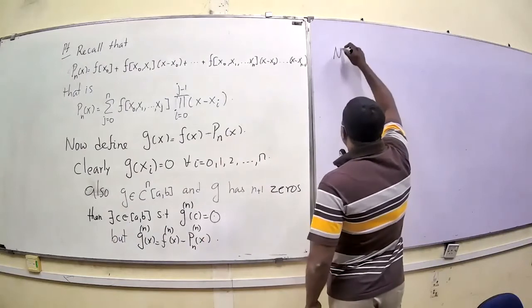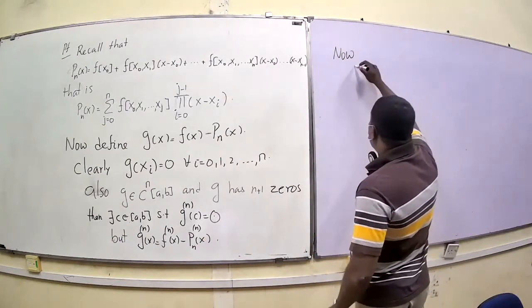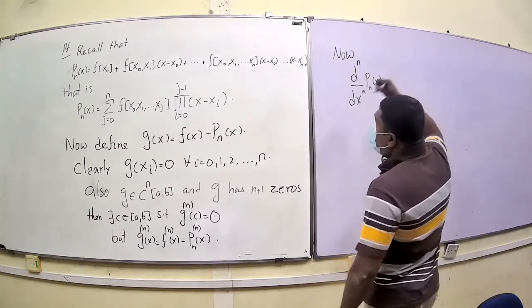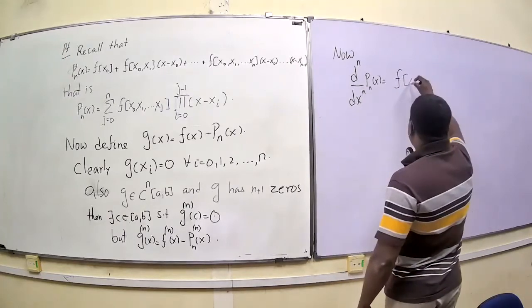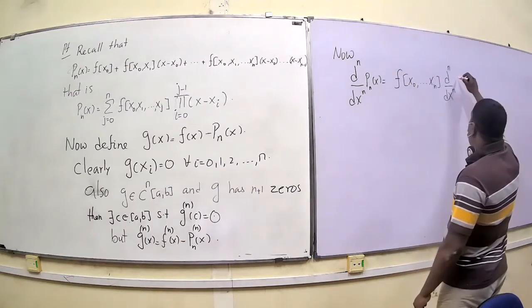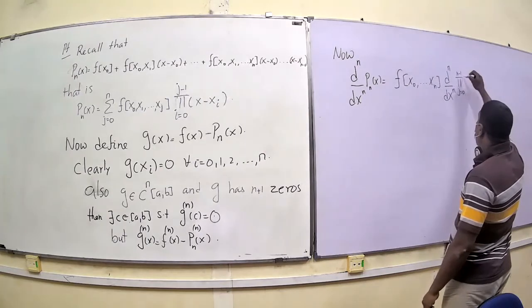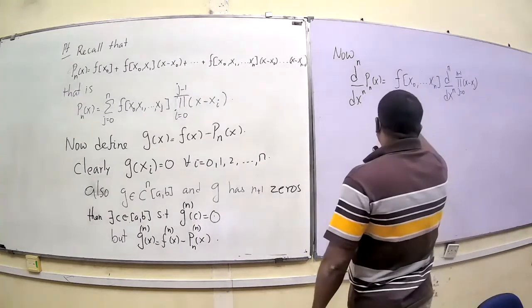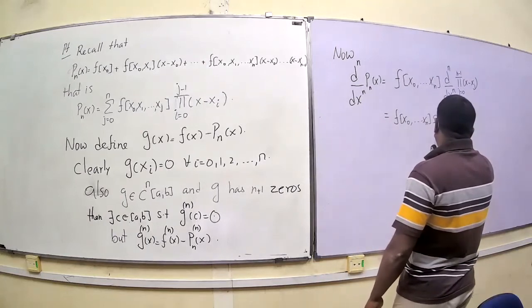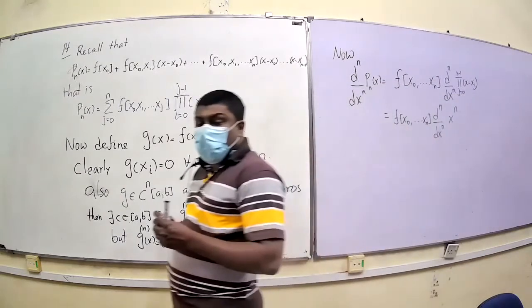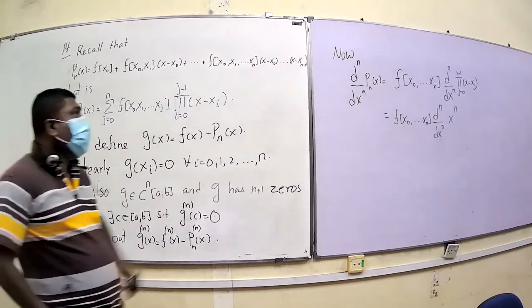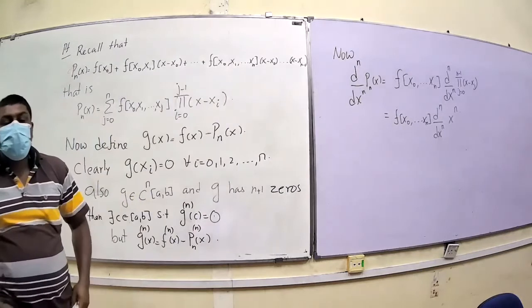Right, so now if you take the nth derivative of the function Pn, the only term you have is the last term, because all the others have less power than n.